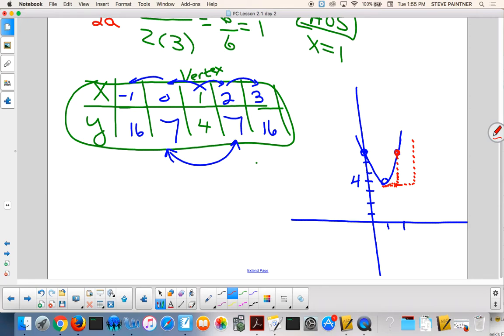You're going to go 12 times higher, guys, because the stretch factor is 12. If you go 12 higher than 4, you end up at 16. And that's what we said we were going to get. You could have done it probably without doing all the table work.